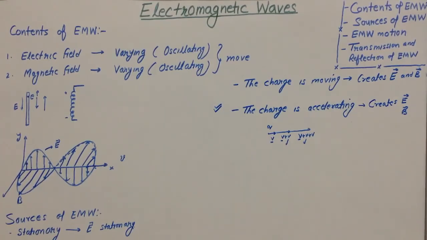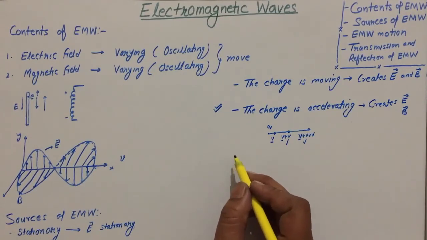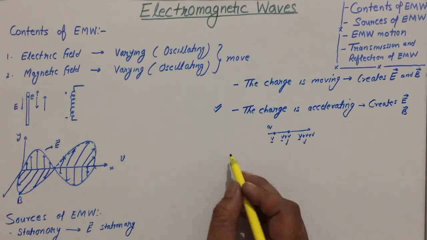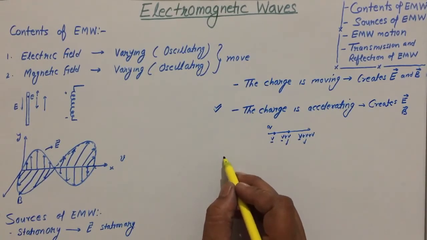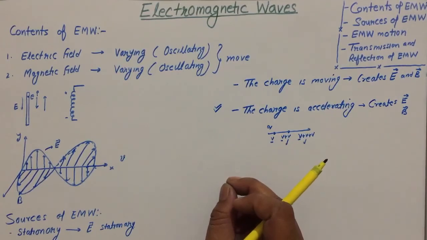And the accelerating charge, the fundamental charge we can have is the electron. So the accelerating electron we can get in different situations. For example, if there is a sparking, in that case accelerated charge we can get.